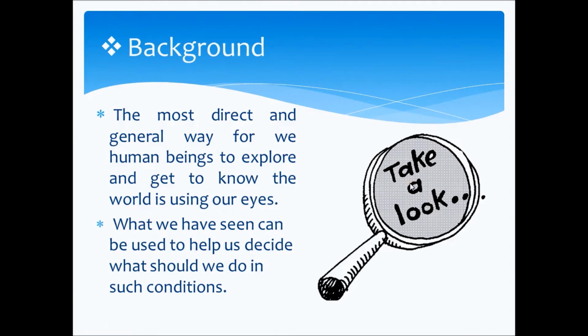The most direct and general way for we human beings to explore and get to know the world is using our eyes. We have learned a lot by just looking at the environment around us and the object we are interested in. What we have seen can help us to decide what we should do in such conditions.